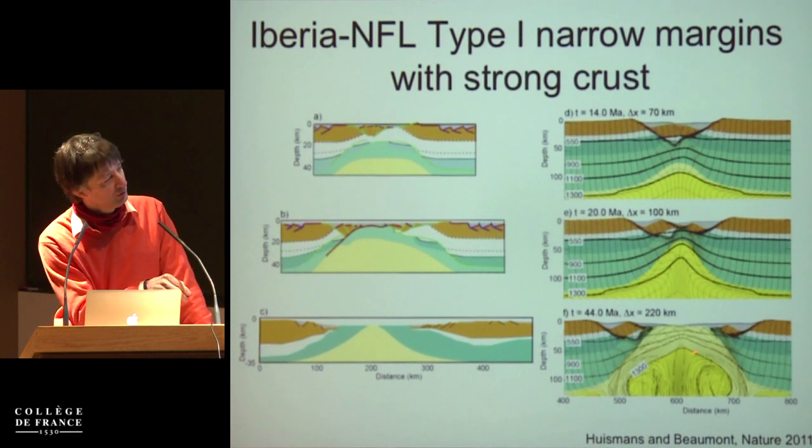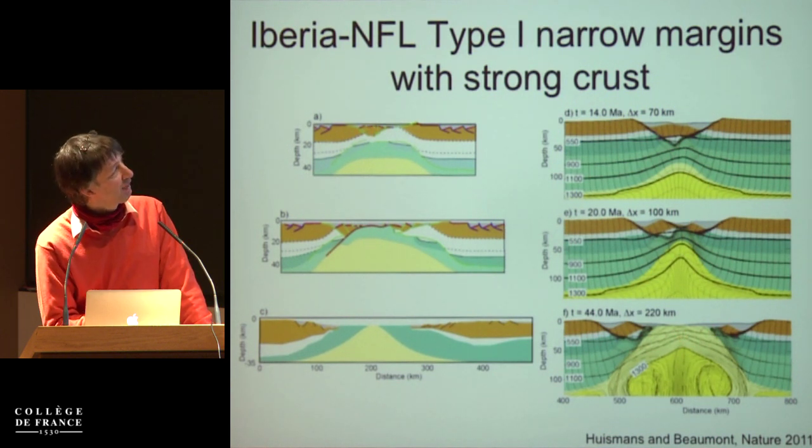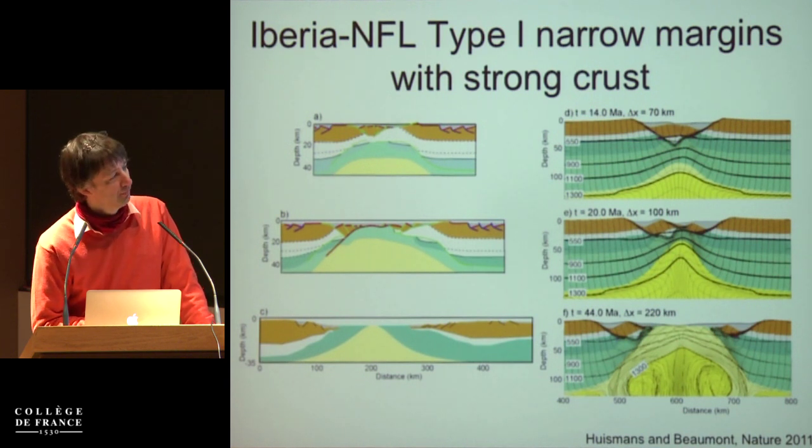In between here, this is actually now creating an amagmatic zone, but this is new sublithospheric mantle. So with detachment faults, we can exhume some mantle lithosphere to the seafloor, but not enough compared to what's observed.